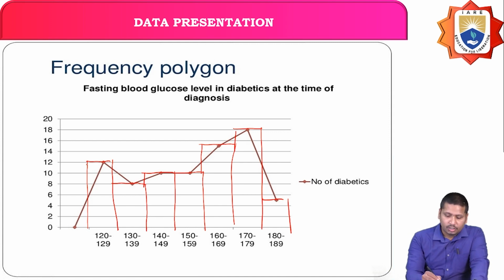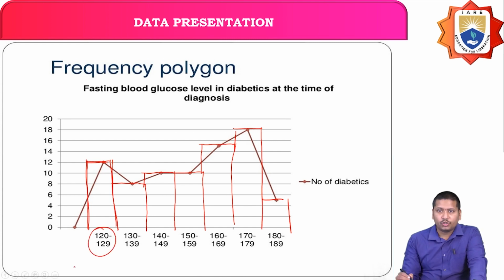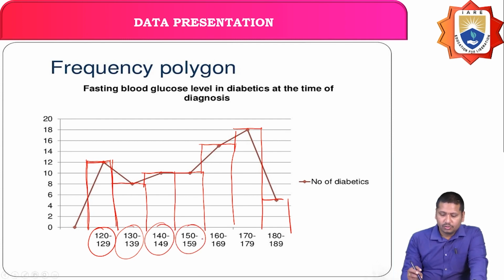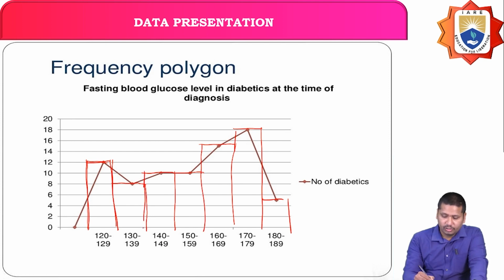This is the histogram I initially constructed based on the class intervals. This is the class interval 120 to 129, this is 130 to 139, 140 to 149, and so on. So the histogram is constructed by considering the class intervals.